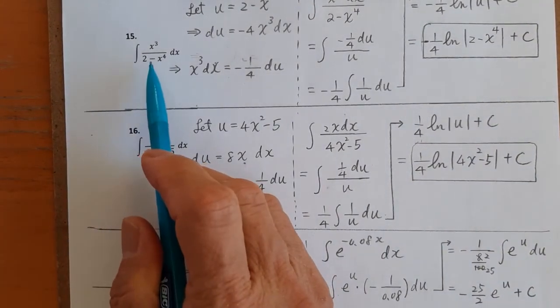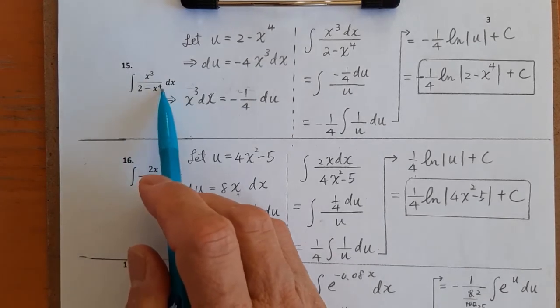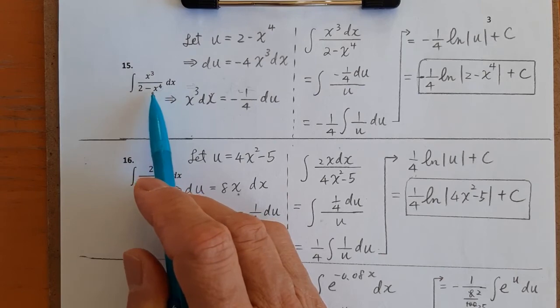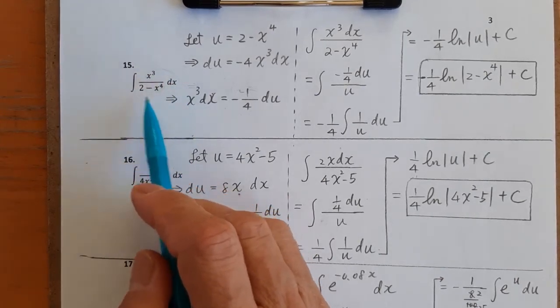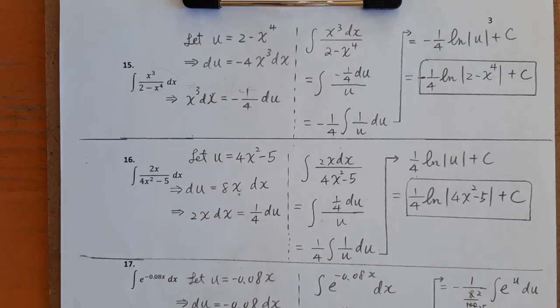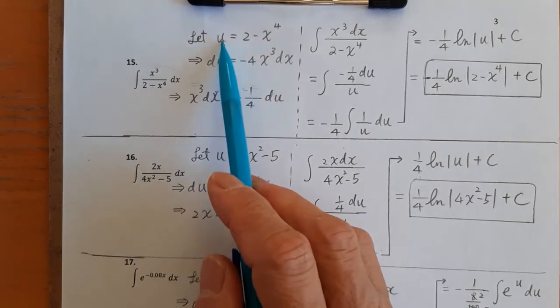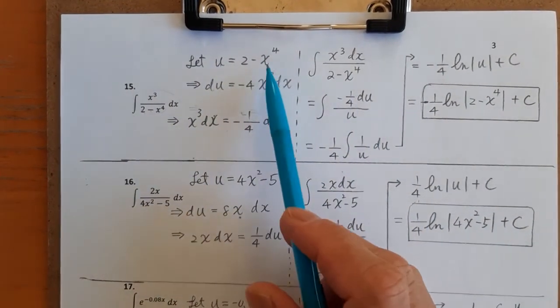Here, 2 minus x to the power 4. If you take derivative, you will get 4x cubed dx. So you will know it is u sub. So first of all, you let denominator equal u equal 2 minus x to the power 4.